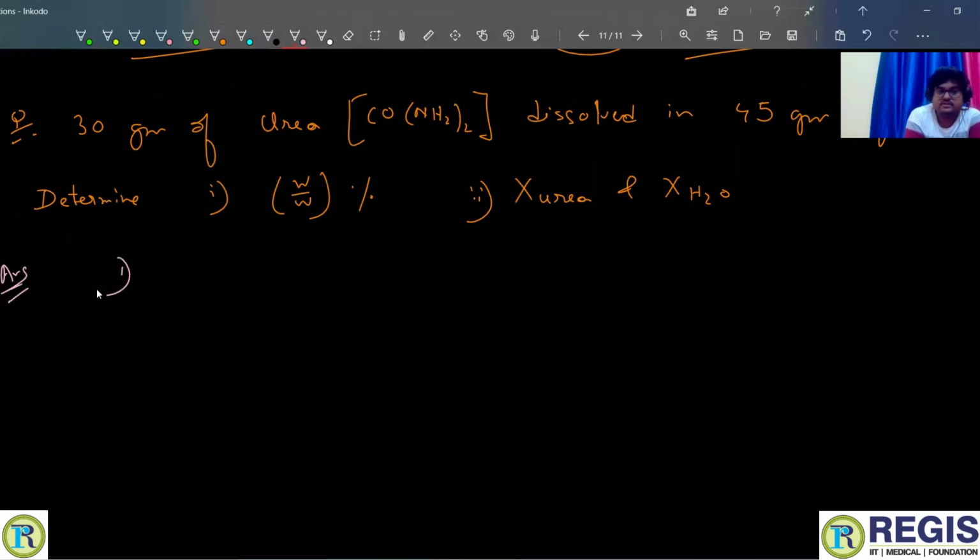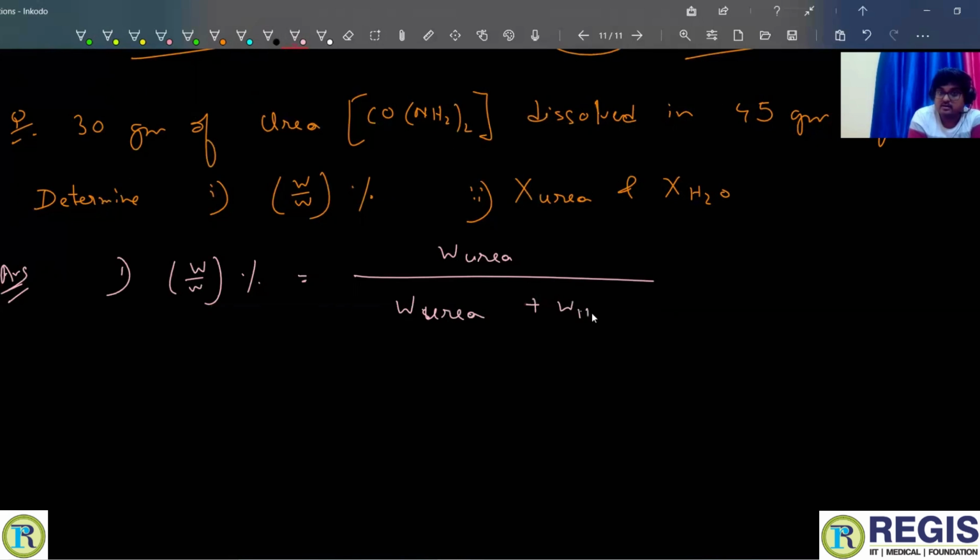Now, first question, weight by weight percent. What is the meaning of this one? Weight of solute, which is weight of urea, divided by weight of solution. Weight of solution means weight of urea plus weight of water.